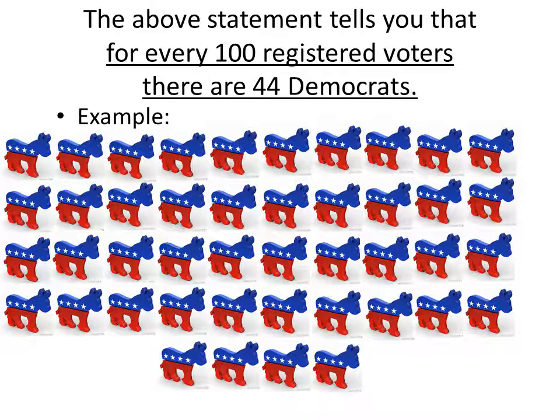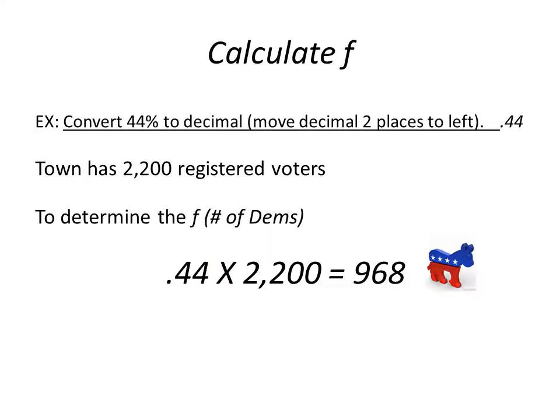So the above statement tells you that for every 100 registered voters, there are 44 Democrats. Now let's calculate again the 44% to decimal. Here again, we move it 2 places to the left.